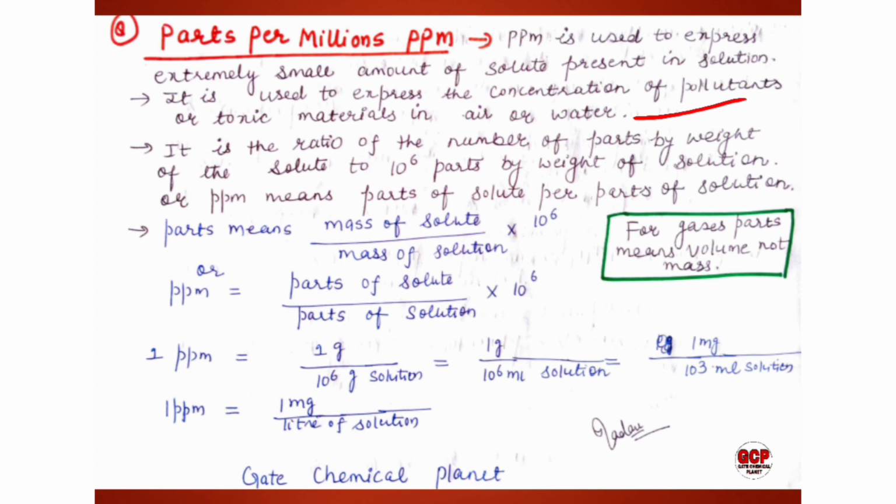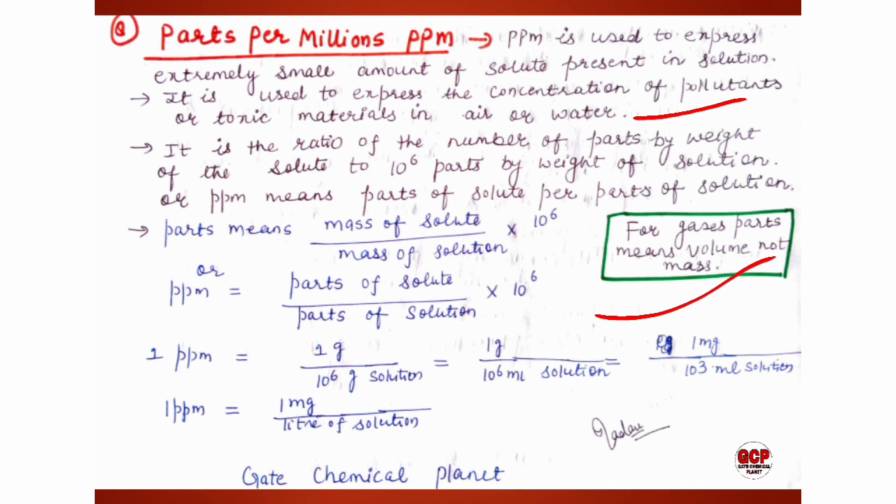It is very important to know that for gases, part means volume, not mass. So remember, for gases, part means volume, not mass. Part means mass of solute divided by the mass of solution into 10 to the power 6.